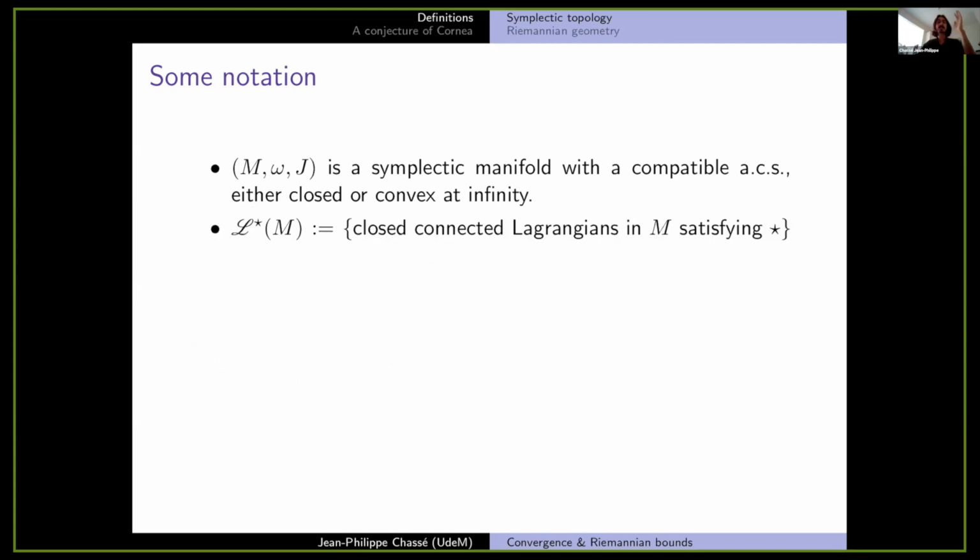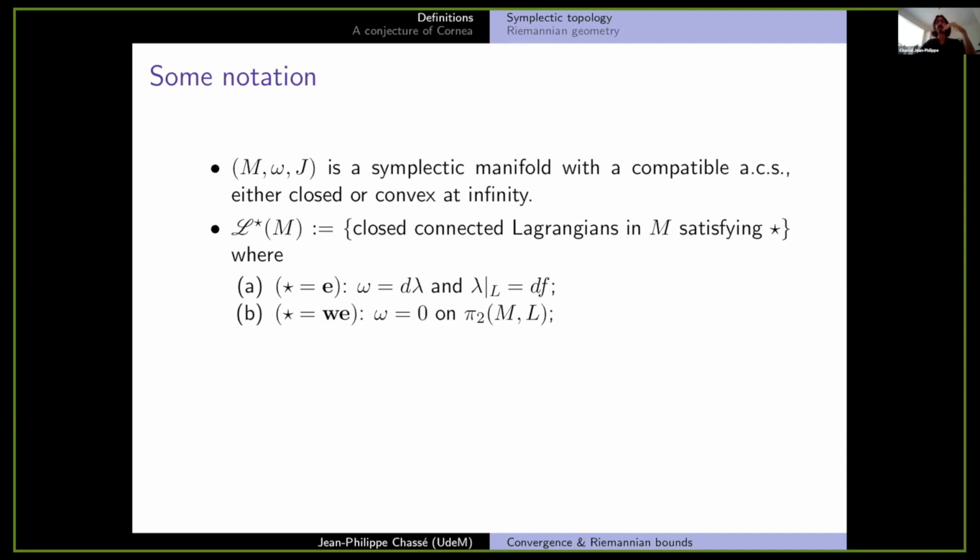Once this is fixed, I'm going to take this thing, which I'm going to write L star M, and this is going to be the set of all closed connected Lagrangians in M satisfying some symplectic condition star, and that condition star is either going to be exact, so it means L^e M is the set of all closed connected exact Lagrangians in M.